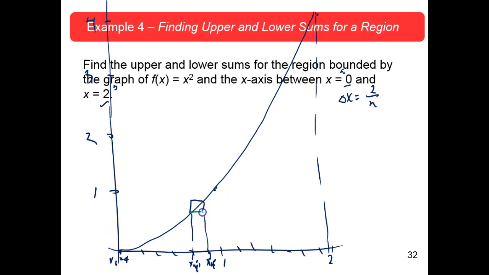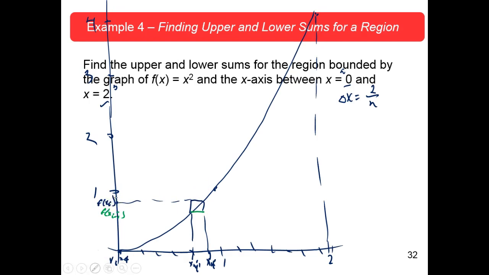Okay. The y values are here, and that will be f of x of i minus 1 here. f of x i plus 1 will be there. x of i will be there. So this will be f of x i minus 1, and this one here will be f of x of i.